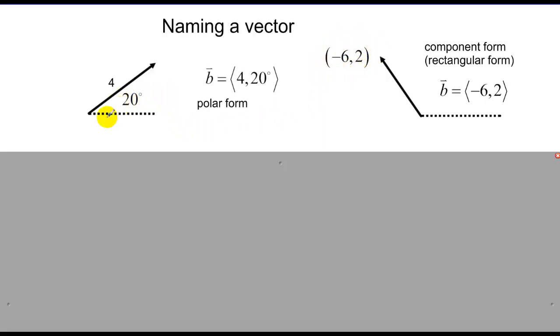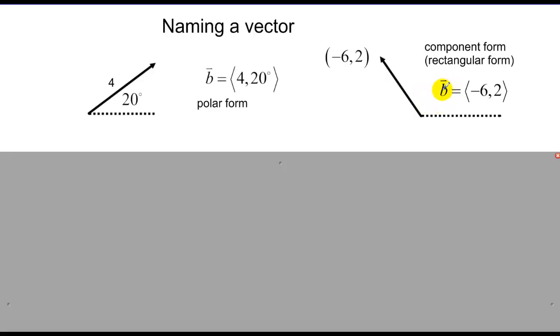So this is a vector in polar form given by its magnitude of 4 and its direction of 20 degrees. And rather than calling it rectangular form, for a vector we call it component form. And we write this vector's name as its actual point, negative 6 and 2, but putting it in these inequality brackets, that notates it's a vector.